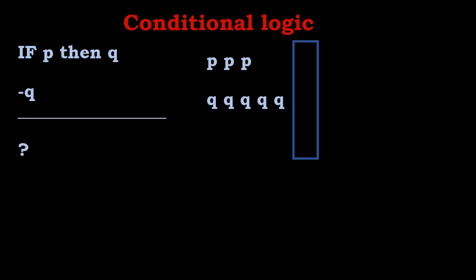No, because all the Q's are aligned with P, and not Q's definitely will be aligned with not P's. So actually we can conclude not P. And that is what we can do, falsification.